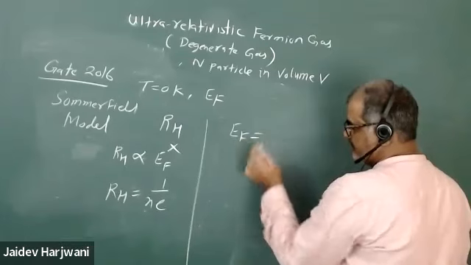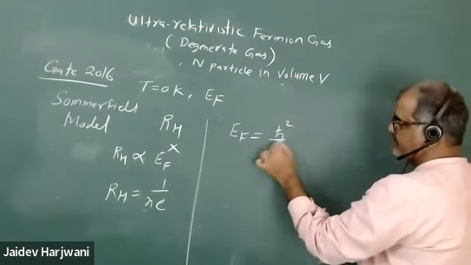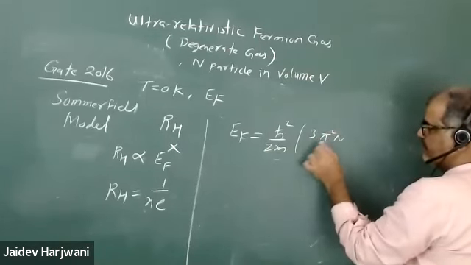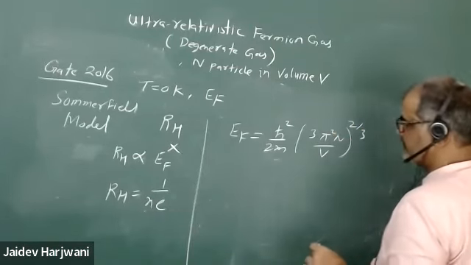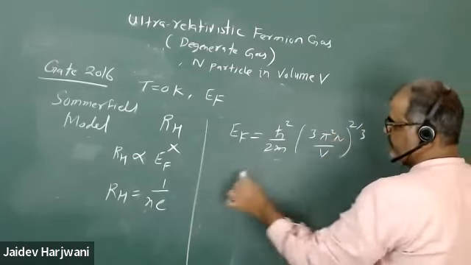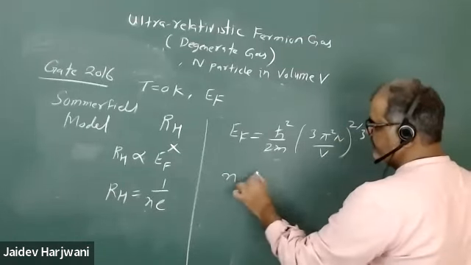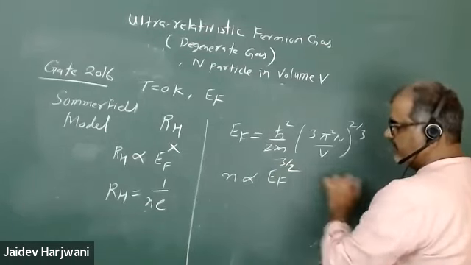They have not given 1D or 2D, so we have to assume the 3D case, and we know that EF is h cut square upon 2m times 3 pi square n to the power 2/3. If I have to remove this power, my density will be proportional to EF power 3/2.